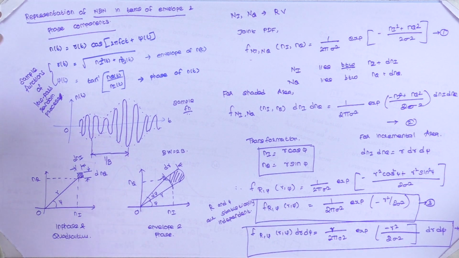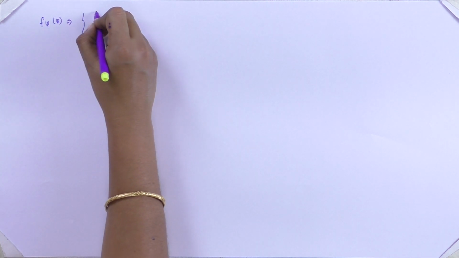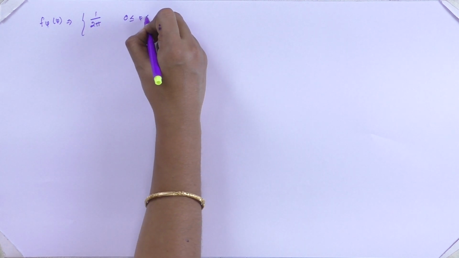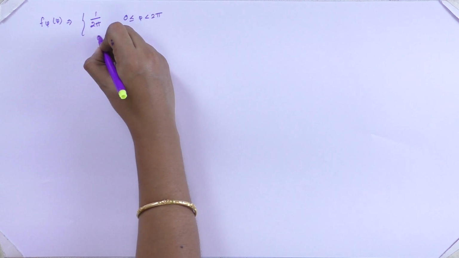Therefore, we can rewrite this equation as follows: our expression f_Ψ(ψ) can be written as 1 by 2π for 0 less than or equal to ψ less than or equal to 2π, and 0 elsewhere.